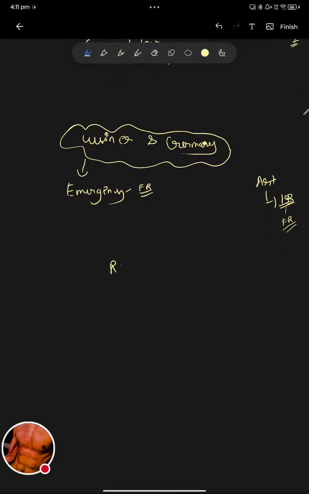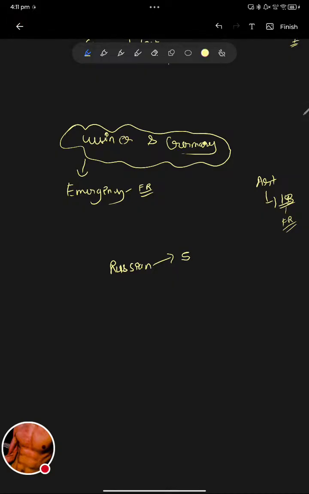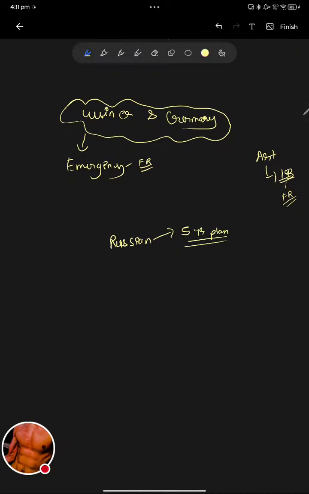Now Russia. Russian people love to do their duty, and they like to do it for 5 years. So from this 5 years, you could remember the 5 year plan. So the 5 year plan is from here, and duty is fundamental duty.